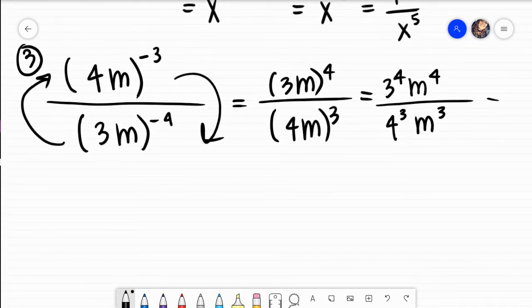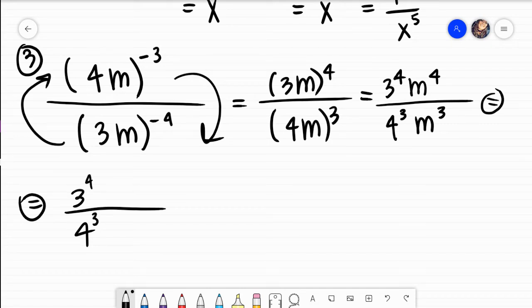Okay, y'all. I'm going to come right here. When you look at the numerical values of 3 and 4, I couldn't apply a rule there, right? Because those are not the same bases. So I'm just going to write them. There's nothing I can do with them. They're just going to stay. My 3 is being raised to the fourth power, my 4 is being raised to the third power.